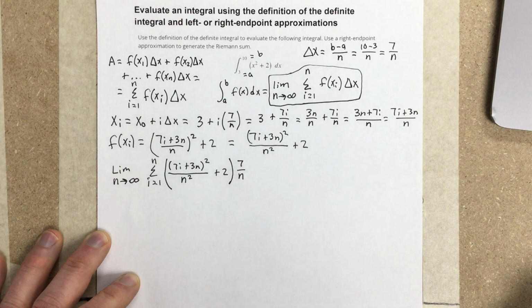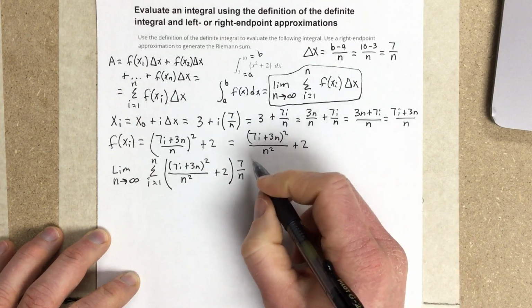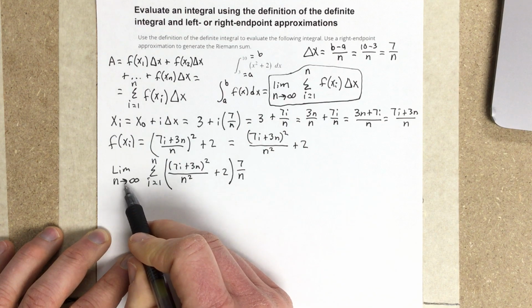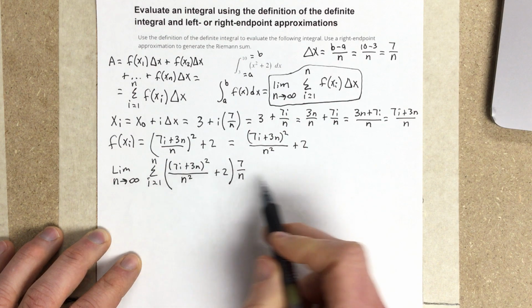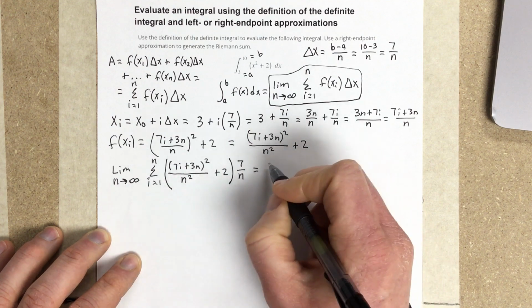To simplify, we're going to distribute 7 over n to each term. So we're going to write that this is equal to, and I'm going to leave the limit here. Remember the limits on this at the end, but I'm going to do all this algebra and then rewrite it at the end.